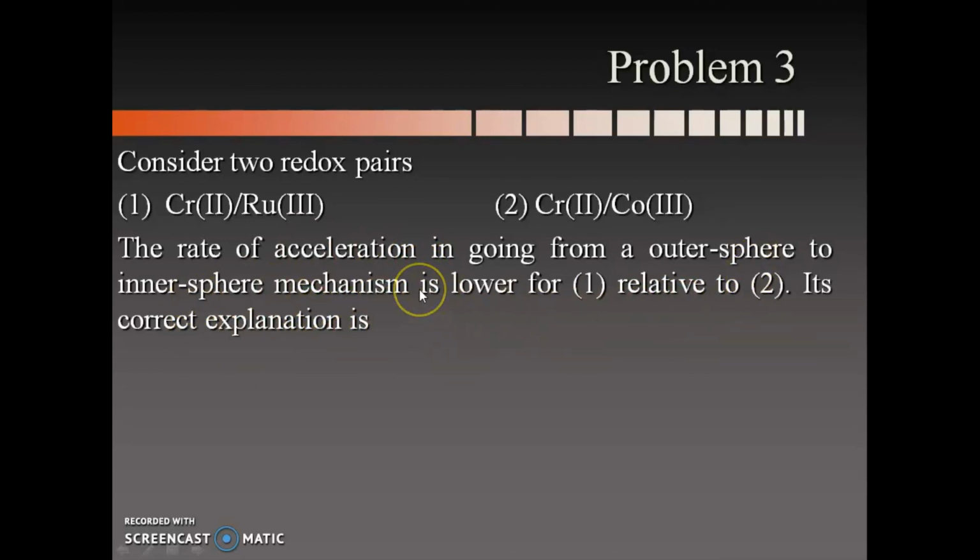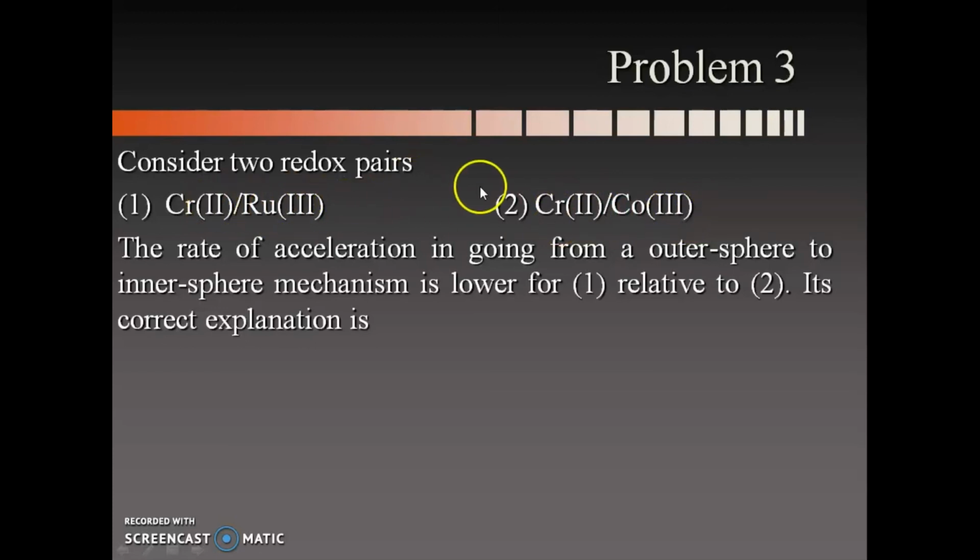Now in both the cases, Cr2 plus is common. So now Cr2 plus will be oxidized to Cr3 plus. So this is going to reduce Ru3 plus here, and it is going to reduce Co3 plus here. So Cr2 plus is a reductant in both the cases. So now what is asked?